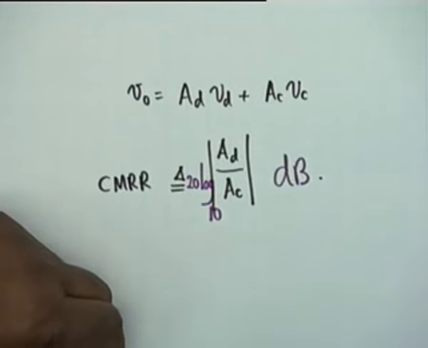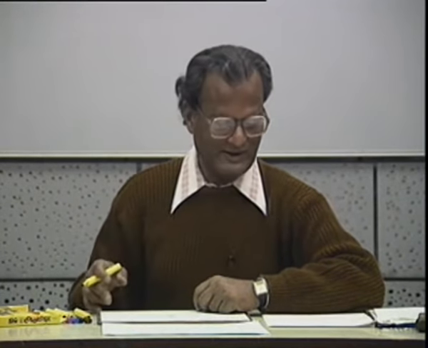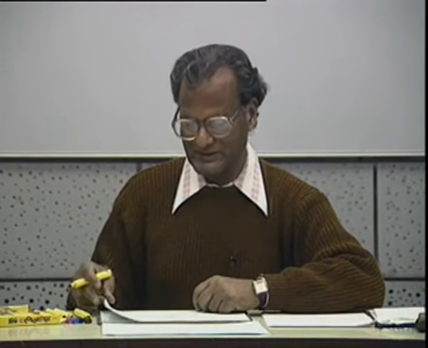A CMRR of 60 dB corresponds to a number of 1000. CMRR is often expressed in decibels.